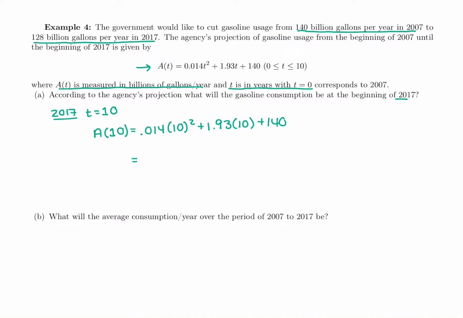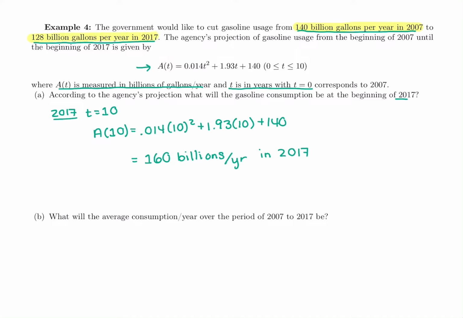Well, if we plug 10 into our calculator here, we're going to get 160 billion gallons per year that year. So kind of a big fail. Their goal was to go down from 140 billion gallons in 2007 down to 128 billion gallons per year in 2017.